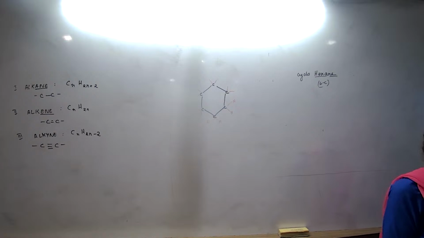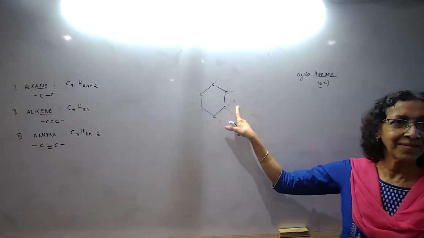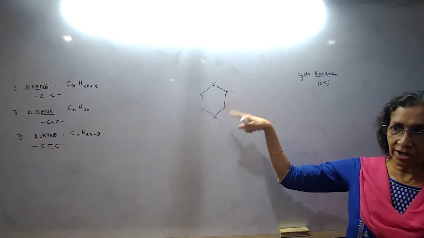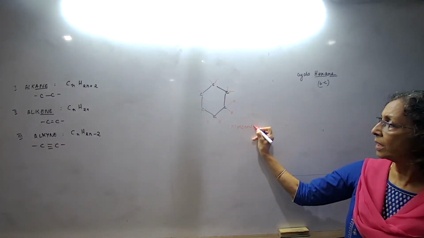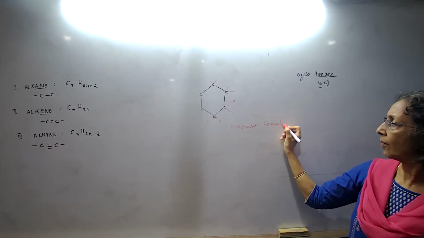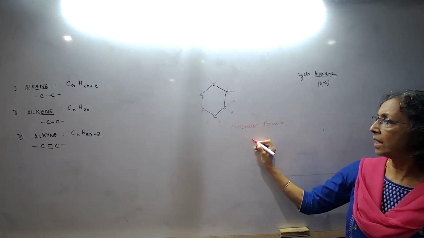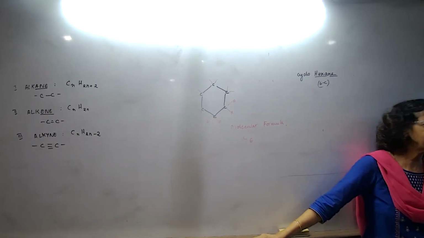You will also write down the formula. This is the structural formula, because we are drawing the structure. If I am writing the molecular formula, C6H12. Count the number of hydrogens.